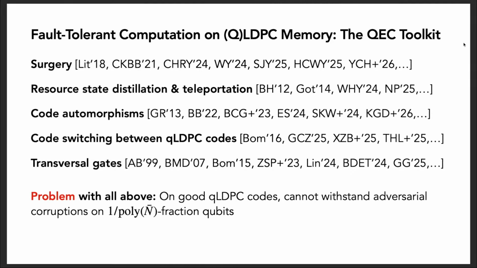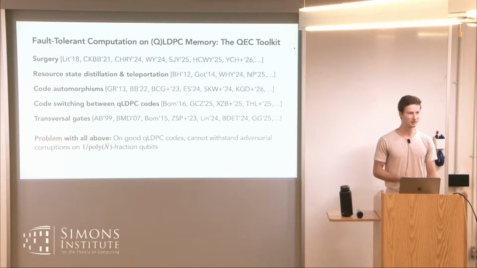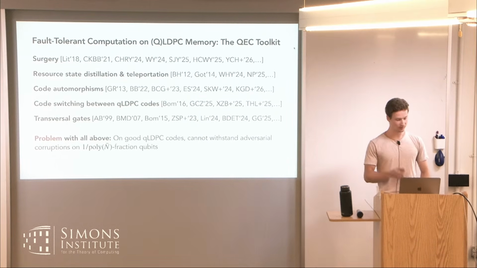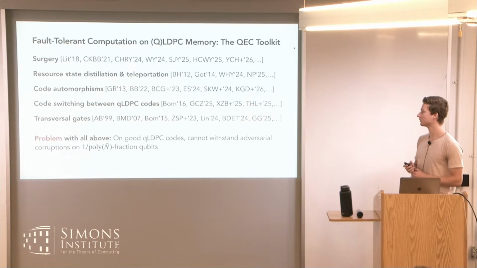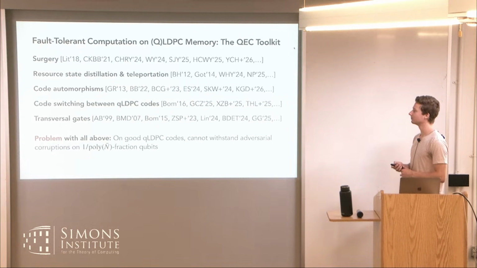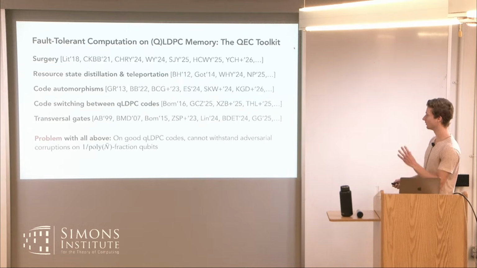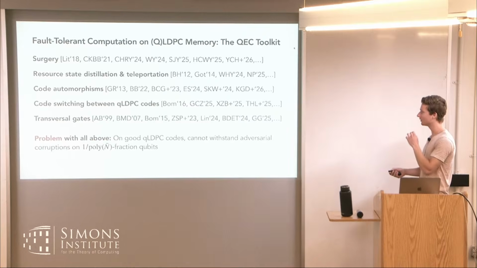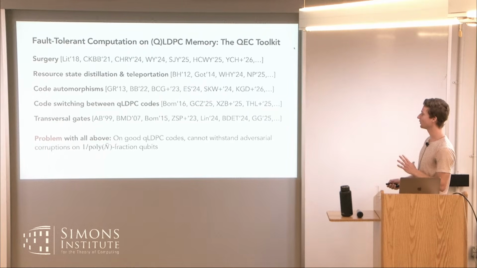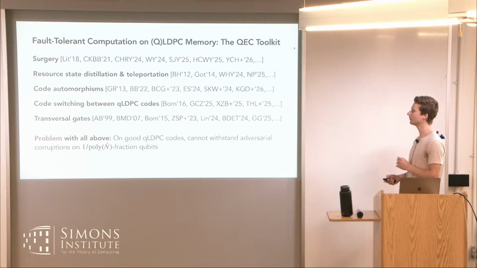But it turns out that there's an issue: as far as we were able to tell, none of these techniques can withstand adversarial corruptions on even a 1/square root n fraction of the qubits. I guess the exception is transversal gates, though for some technical reason I'll describe in a bit, we're not able to figure out how to do the appropriate transversal gates on these good LDPC codes and put everything together.